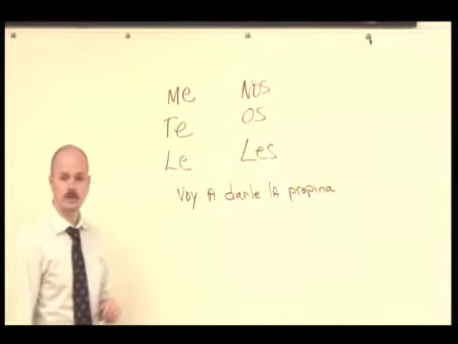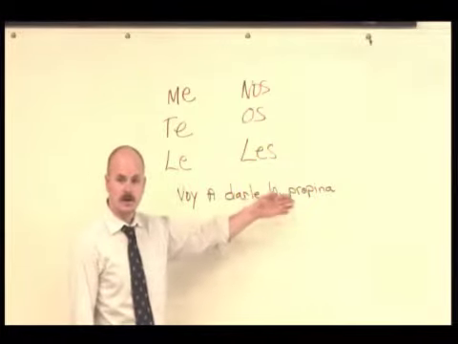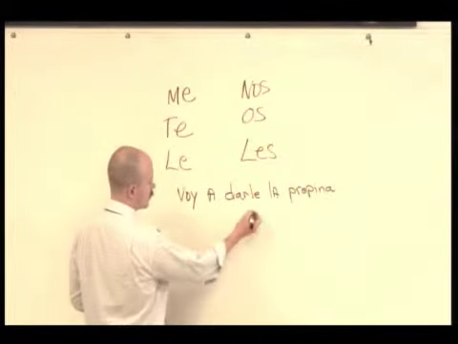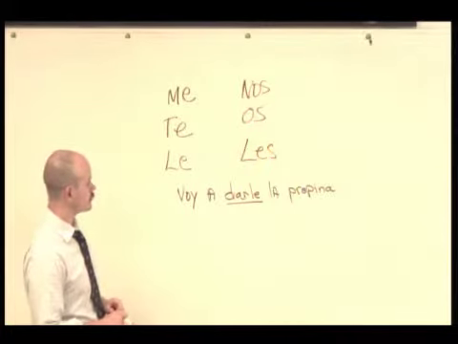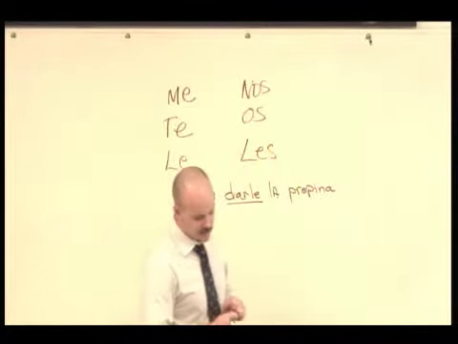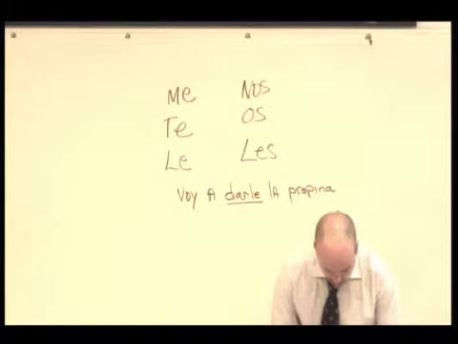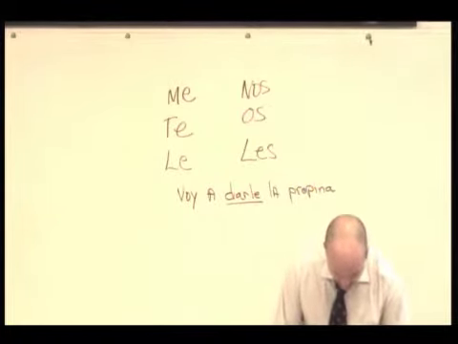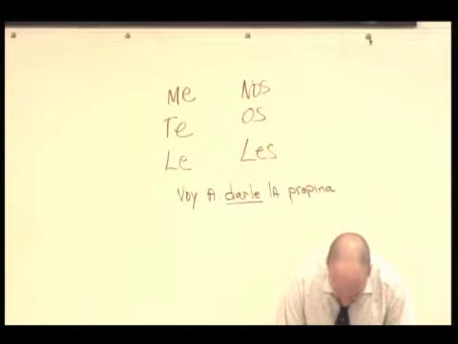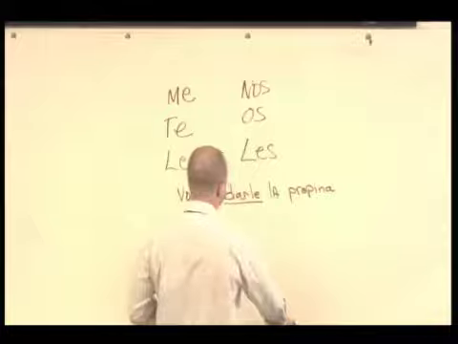I am going to give him or her the tip. Voy a darle. Let's look at a couple of examples for you to practice this a little bit. I'll write a few sentences on the board that you can translate.